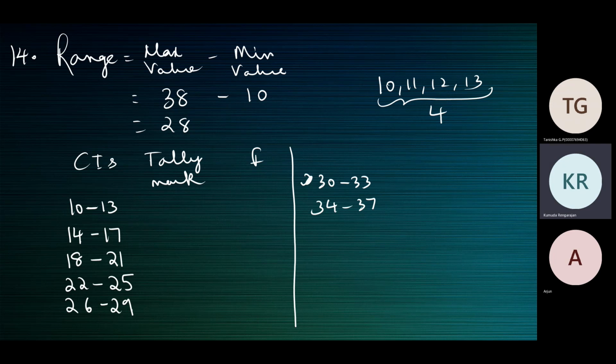What's the highest value? 38. Can you include 38 in 34 to 37? No, you cannot include. So we need to take one more class interval, 38 to 41.